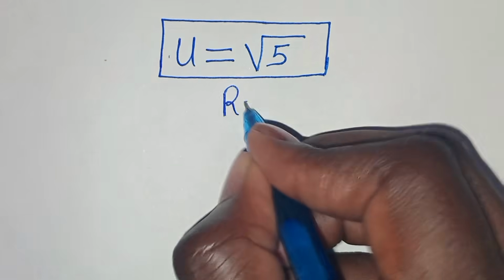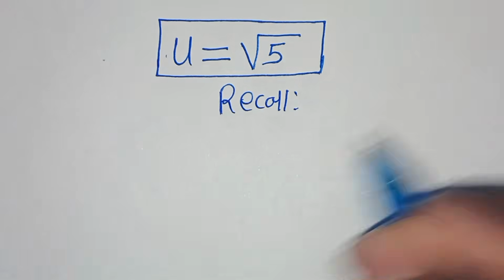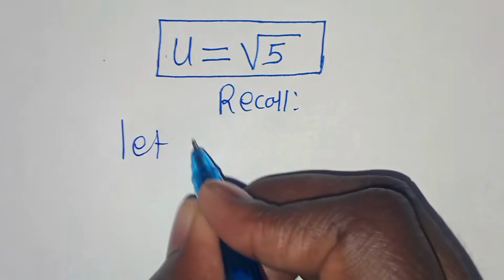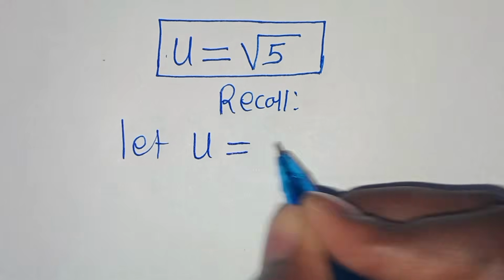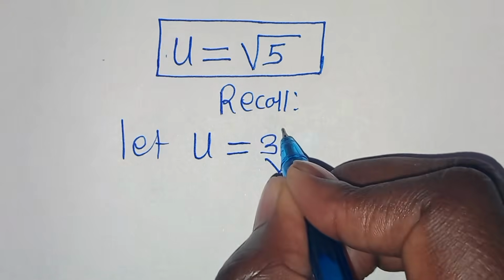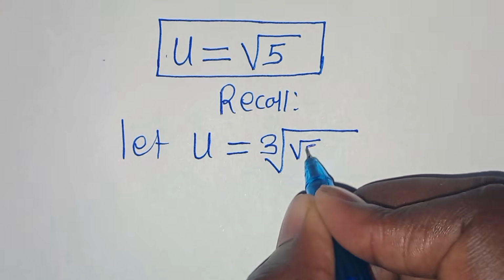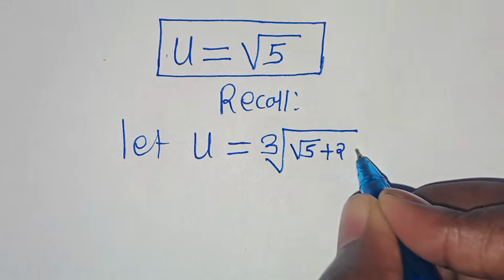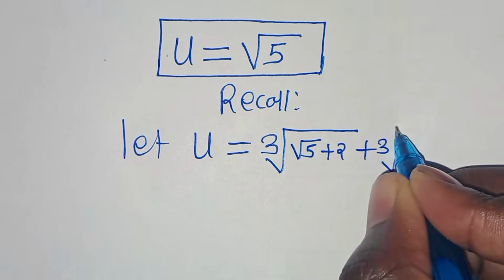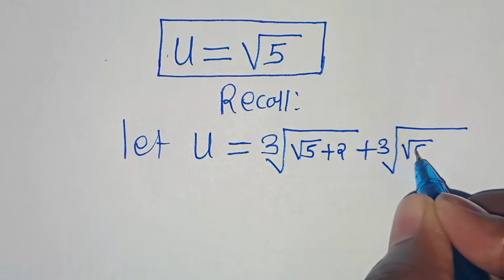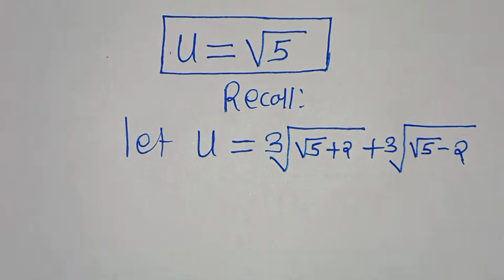If you recall, we are saying that let u be equal to the cube root of square root of 5 plus 2, then plus the cube root of square root of 5 minus 2.